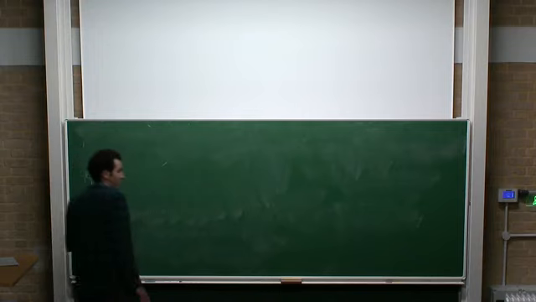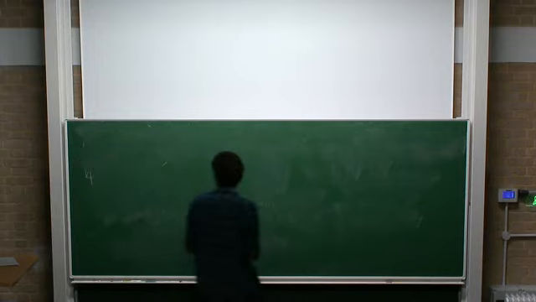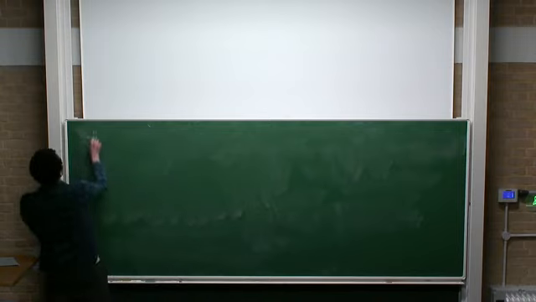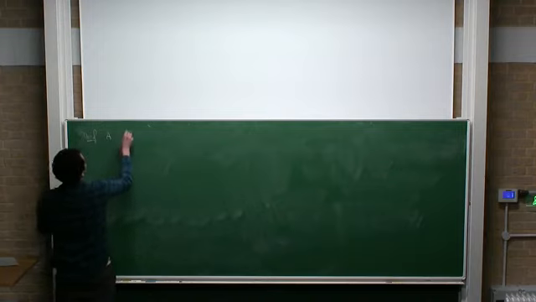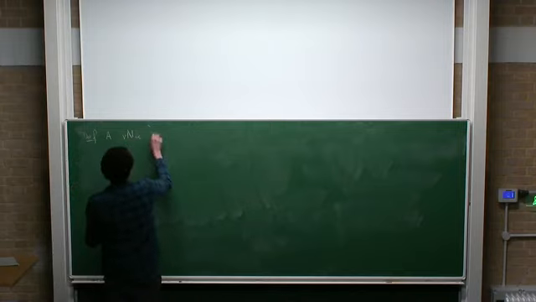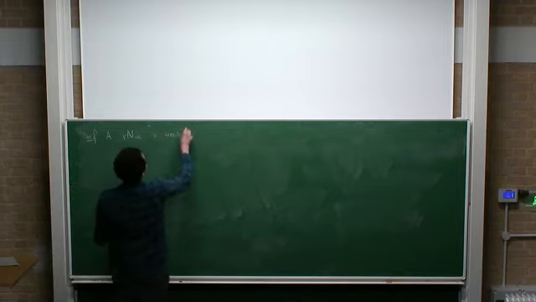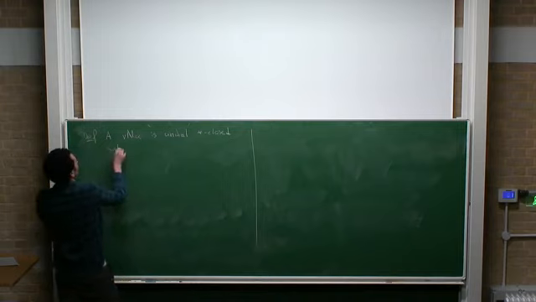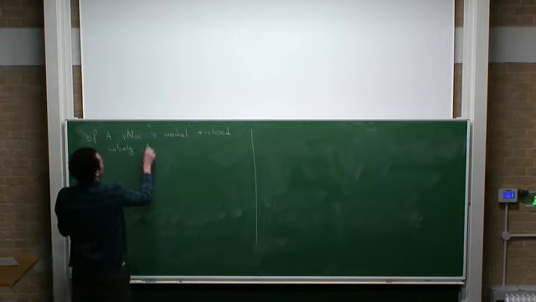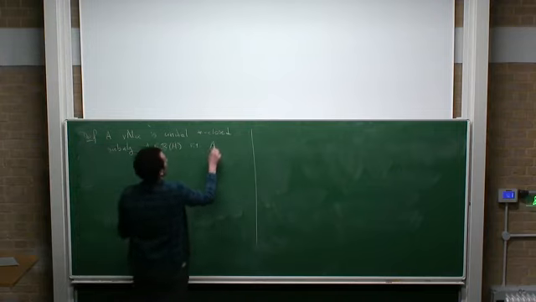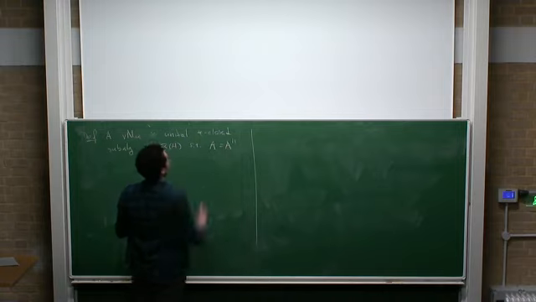So first, let's talk about von Neumann algebras. What's a von Neumann algebra? A von Neumann algebra is a unital star-closed subalgebra A contained in B(H), such that A is A double prime.